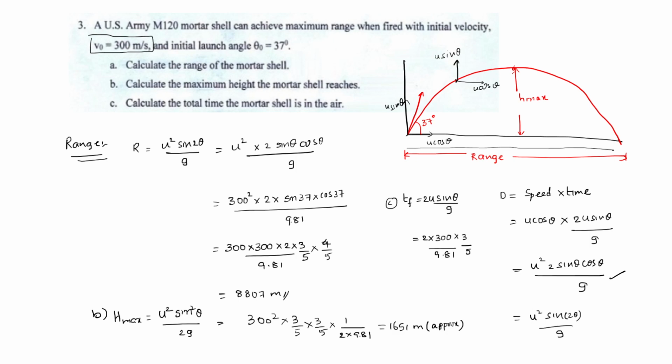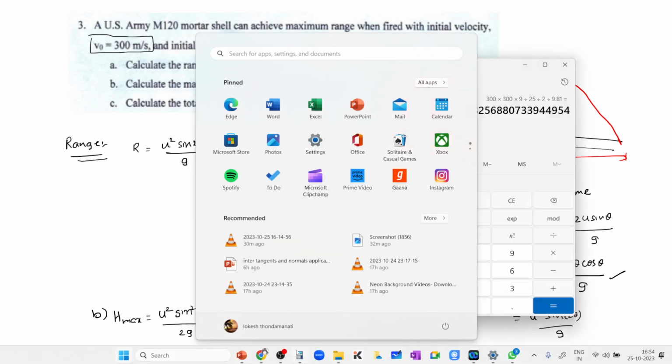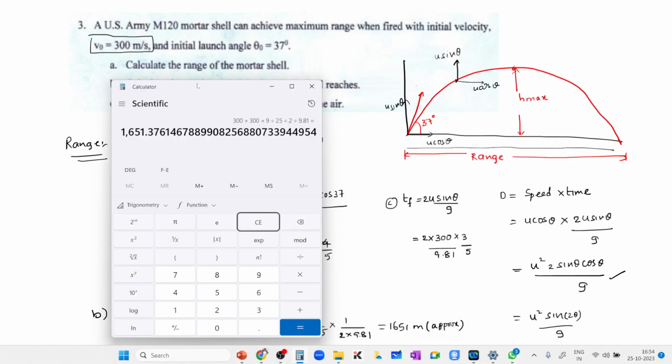We can again take the help of the calculator: 2 times 300 times 3 divided by 5 divided by 9.81. So the answer is 36.7 seconds.